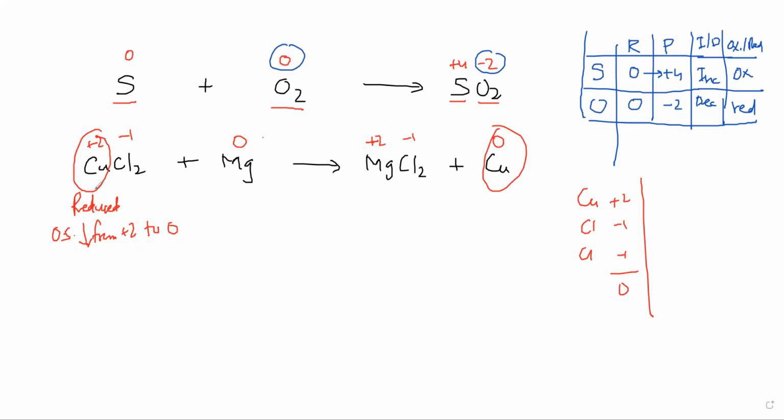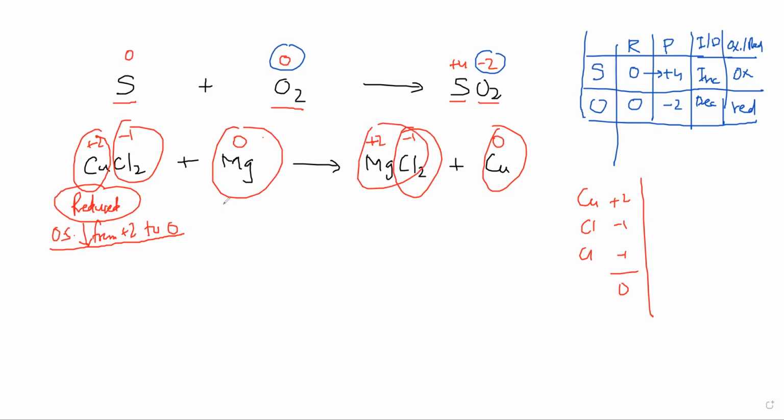So copper gets reduced because oxidation number decreases from +2 to 0. Chlorine is -1 on both sides, so chlorine neither gets oxidized nor reduced. Magnesium becomes +2, so magnesium gets oxidized because its oxidation number increases from 0 to +2.